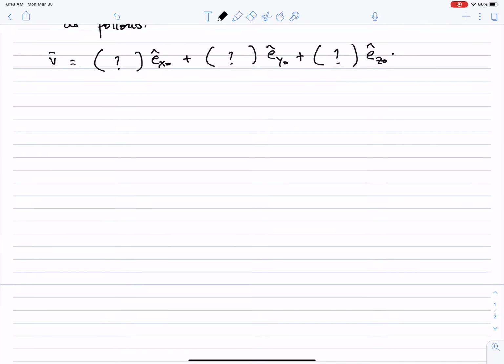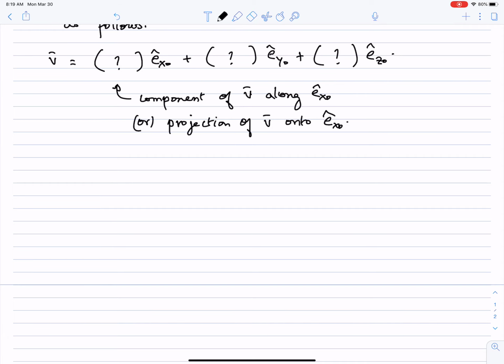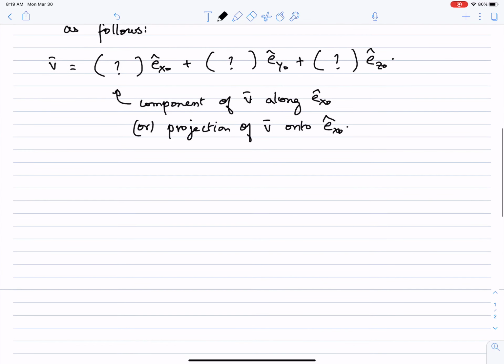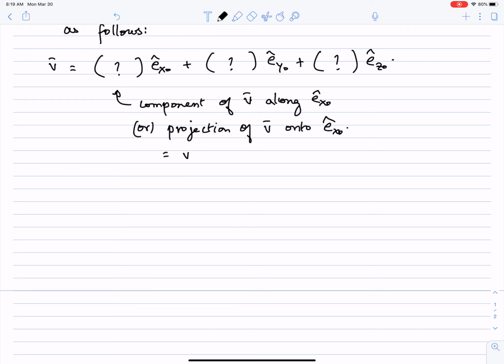Okay. Now what are these somethings? This is the component of v along EX0, or another way of saying it is the projection of v onto the vector EX0, that's actually going to be equal to v dot EX0 by definition.